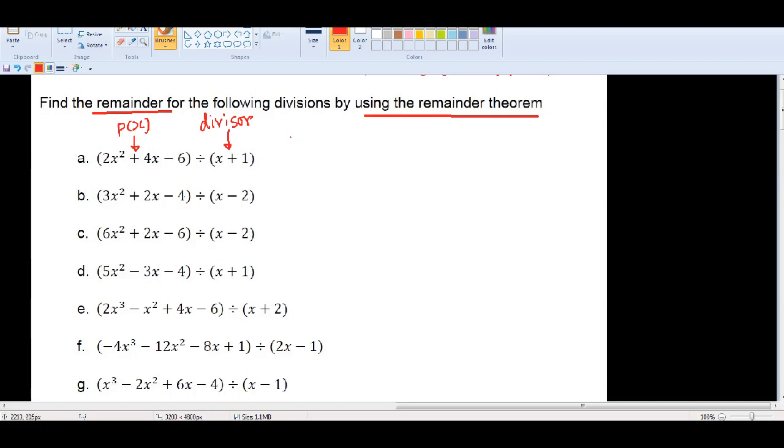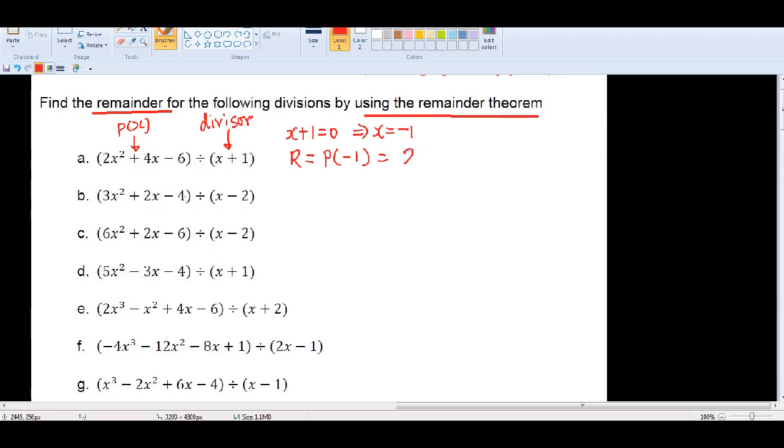So first you need to consider when divisor equals 0, then x will be -1. That x is the magic number for the remainder theorem. So the remainder for the polynomial divided by x plus 1 will be p at -1. All you need to do is substitute that -1 into the polynomial.